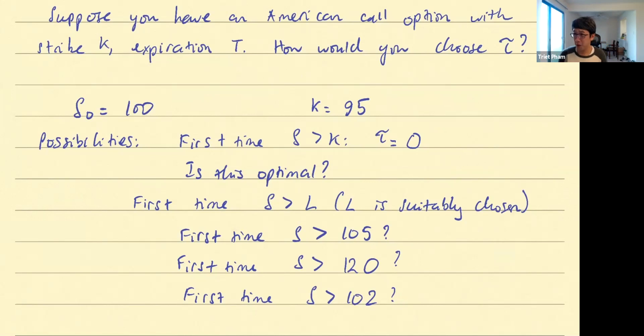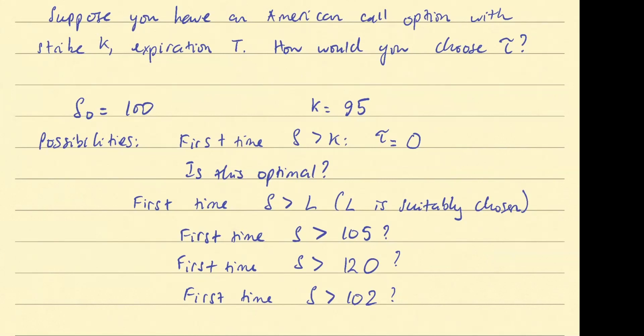And is it possible to say which one's more optimal, which one's less optimal? I don't think we can say which one is more optimal because if we're more greedy, it might not happen, and then it might end up worse.